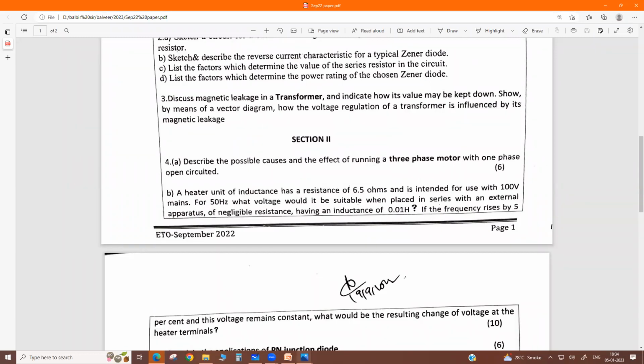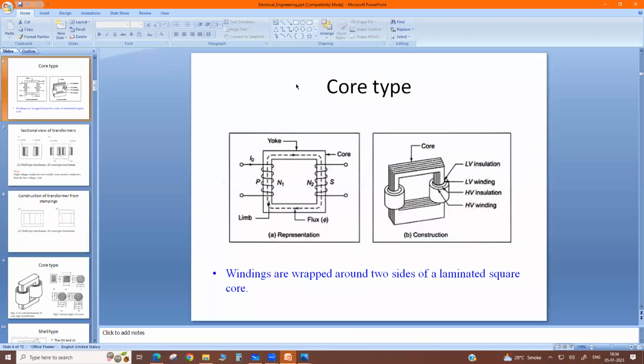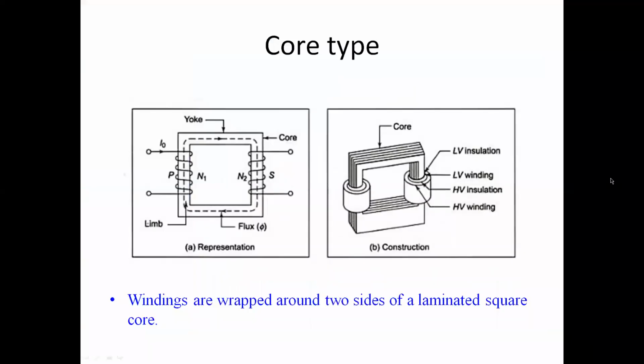We are discussing this. One of the reasons is for better mutual induction, better coupling between the primary and secondary, or HV and LV, so that the flux produced by the primary is 100% linked with the secondary turns or other coil.